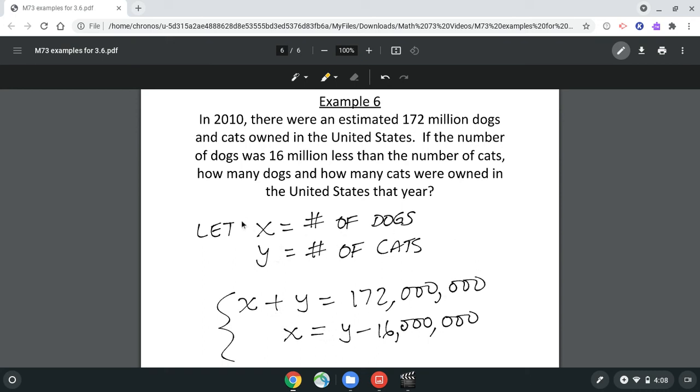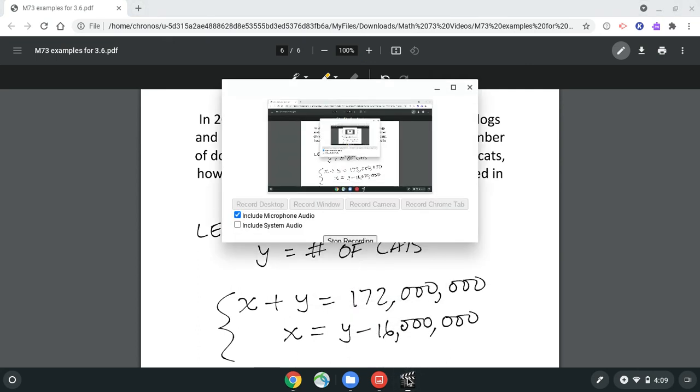And trying to figure out what you're going to let your variables represent, that's always a good place to begin. Okay. And if you're not sure what to let them represent, always look at the question. How many dogs and how many cats? Well, that's what you're going to be solving for. So let's let X and Y represent those things. Okay. All right. So that is it for 3.6. 3.7 is going to be done the same way. Again, if you have any questions, make sure you email me.